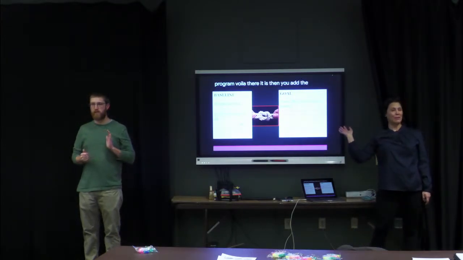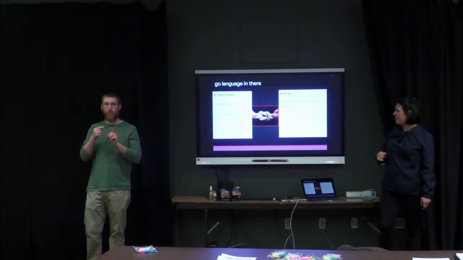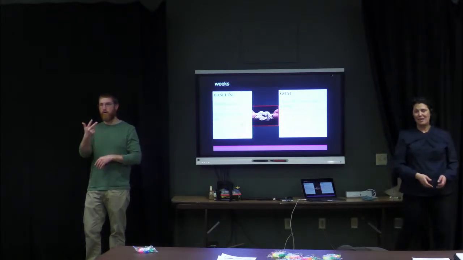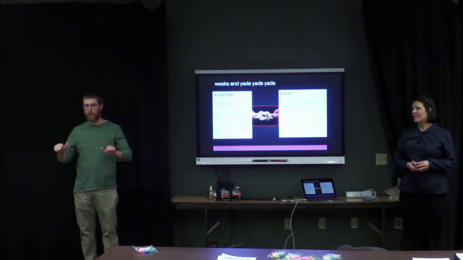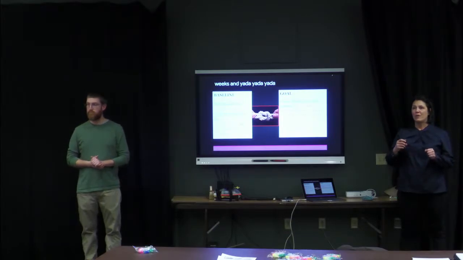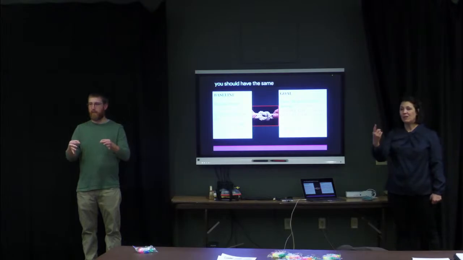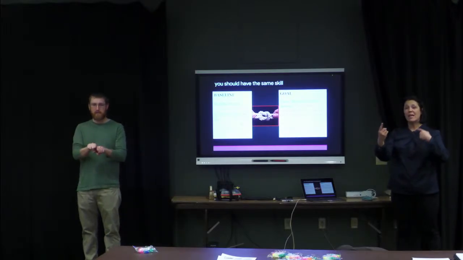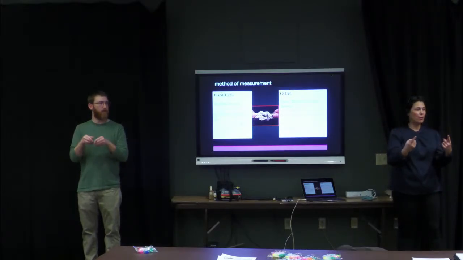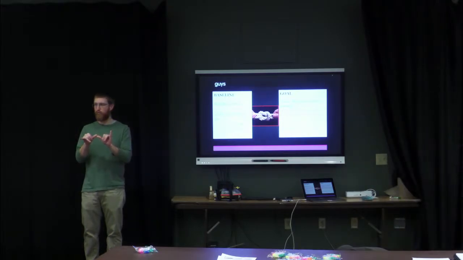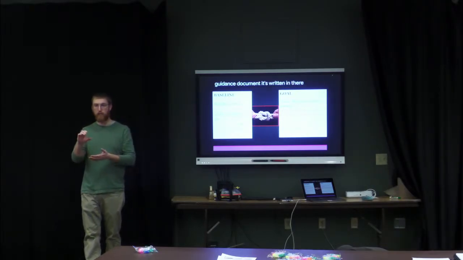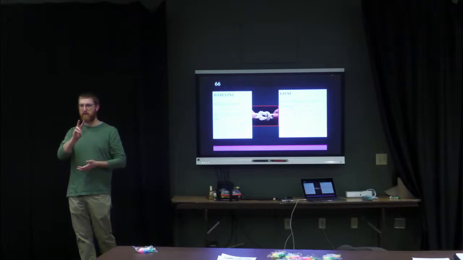Then you add the extra goal language in there over 3 consecutive weeks and so on. So, in your baseline statement, you should have the same skill and the same method of measurement. And if you look in your guidance document, it's written in there on page 66, I believe.